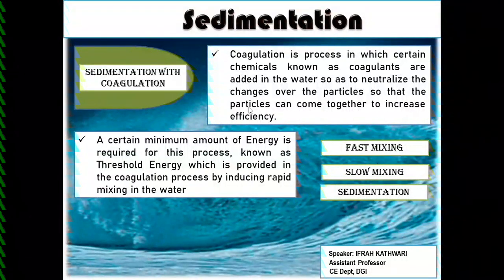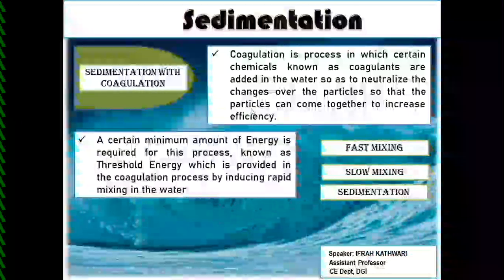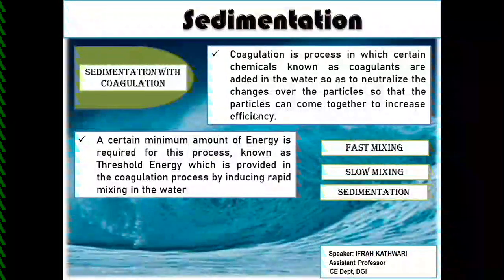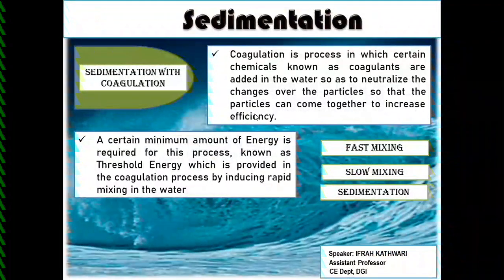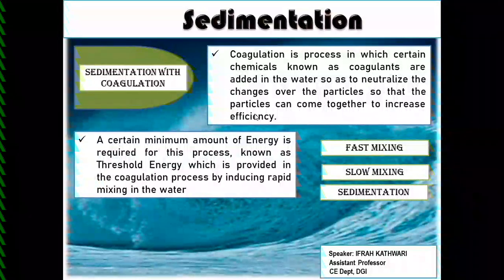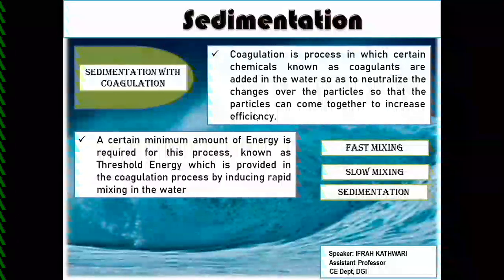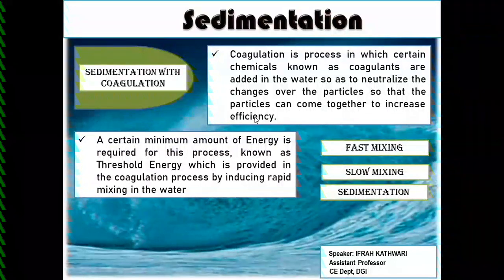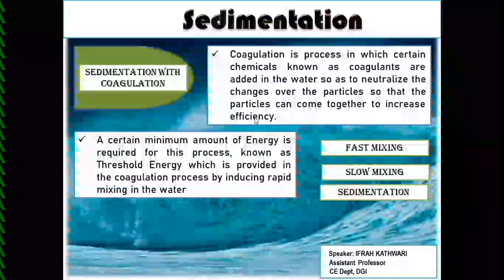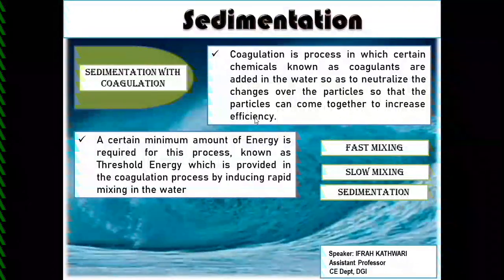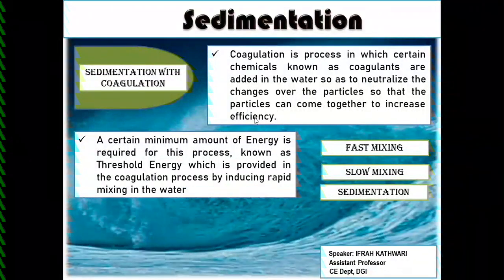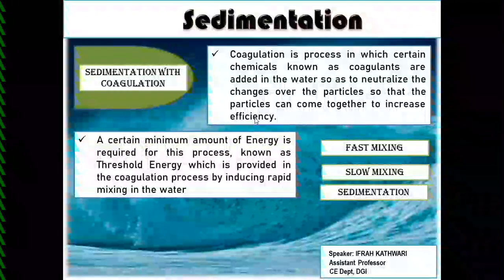Here we add chemicals to the water, wherein these chemicals neutralize the charge of the impurities, or suspended particles, and then they are removed. So here we need the rapid mixing. Slow mixing is flocculation, and then sedimentation.